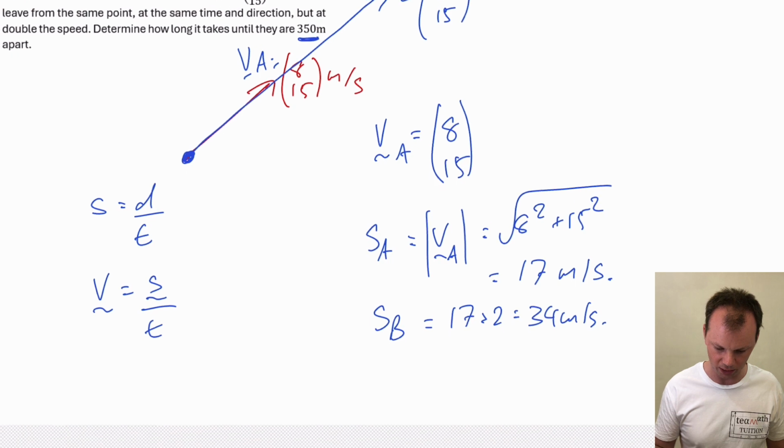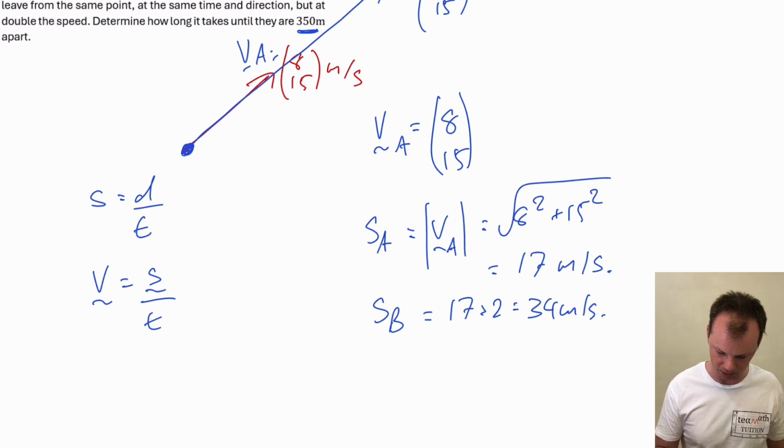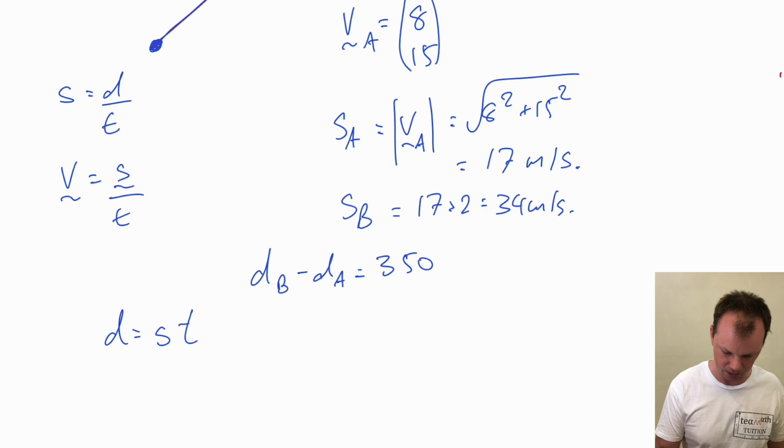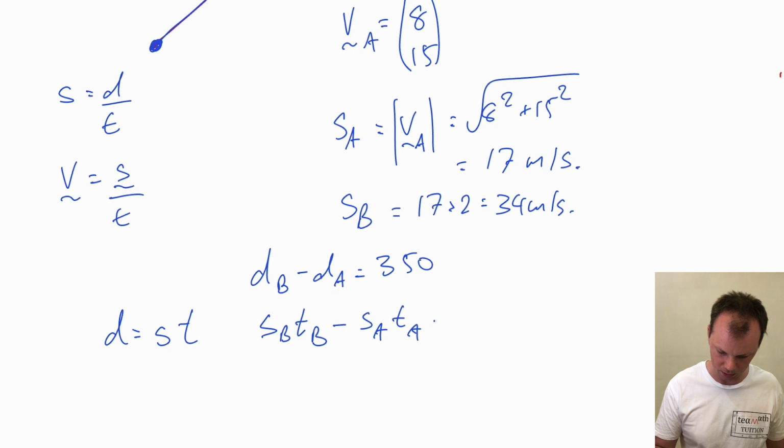We want to know when they're 350 meters apart. So that would be dB minus dA equals 350. Okay. So we've got distance equals speed times time. SB TB minus SA TA equals 350.